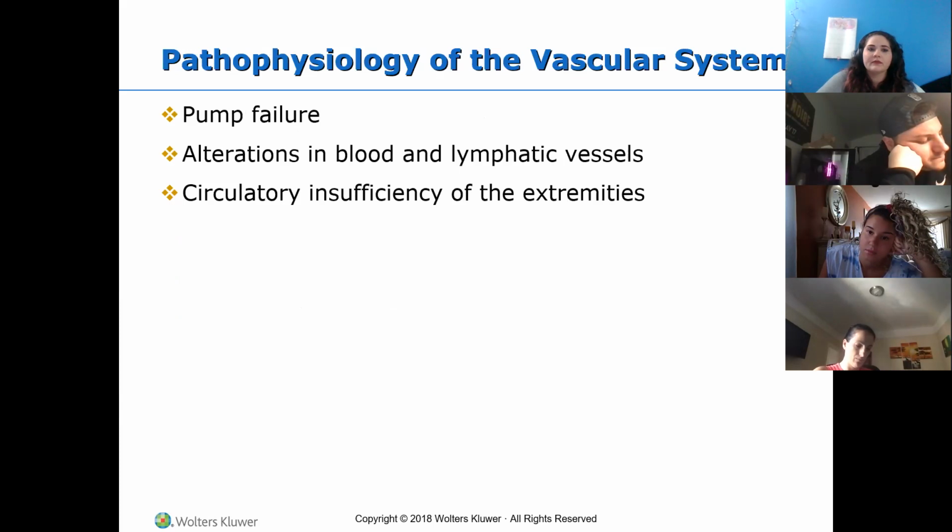Pathophysiology of the vascular system. We have pump failure, alterations in blood and lymphatic vessels, and circulatory insufficiencies of the extremities.